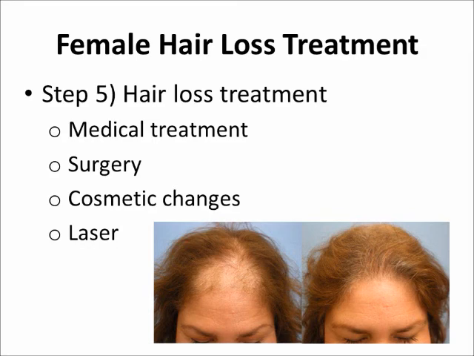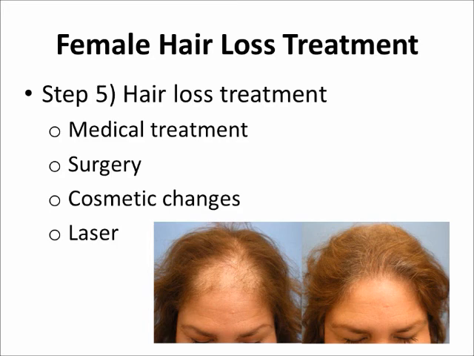So a lot of these people start Rogaine and keep using it without even needing it. Laser is the other option that some people recommend and some people have, and cosmetic changes are the other recommendation that we usually have for the patients.